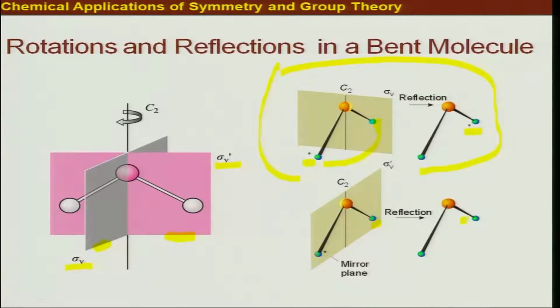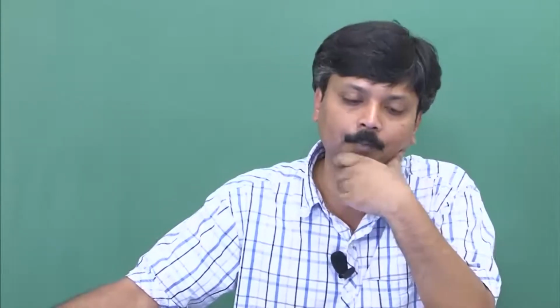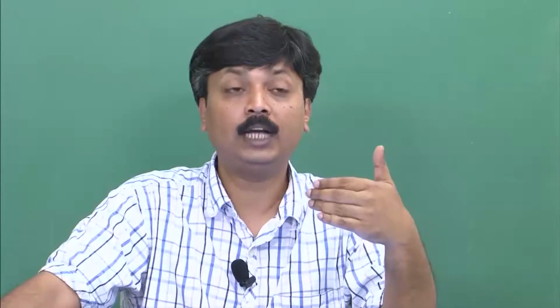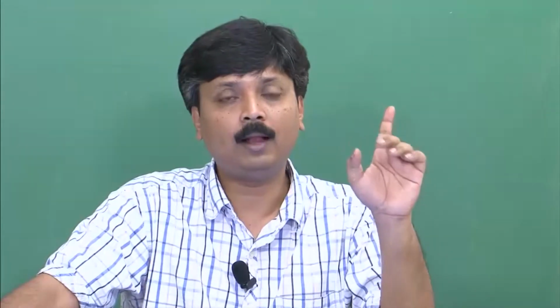That's a pretty amazing thing, and in many cases you will see that some symmetry operations will produce the same structure after operating them on the molecule. Also, successive applications of the symmetry operations, say two or more, can produce a structure which one can actually get by applying one single symmetry operation.